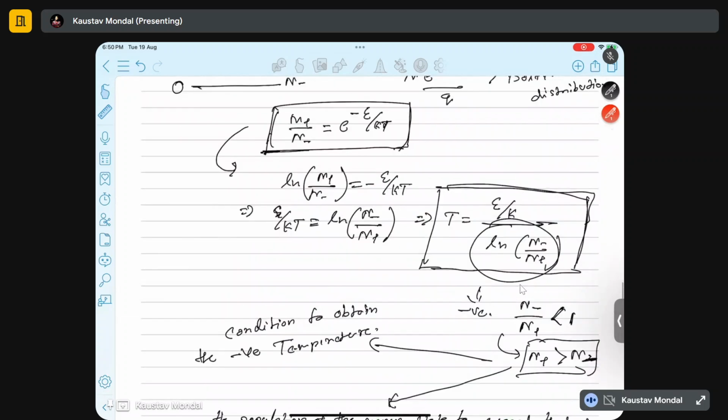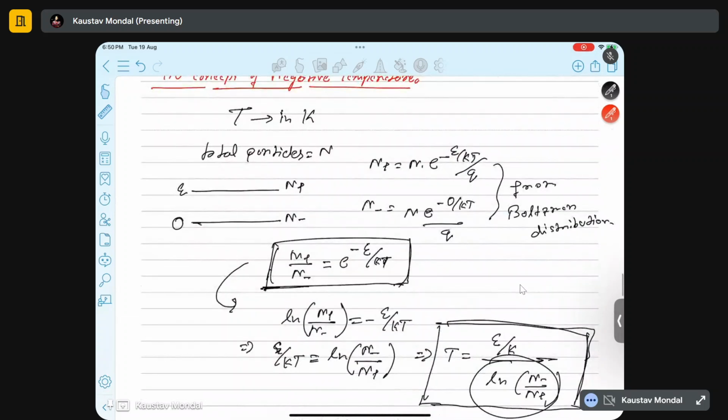Before discussing the problem, let me just tell you once again what we have learned. We started with the concept of negative temperature. First, we took a two-level system with energies E and 0. How can we theoretically achieve negative temperature? We put n plus particles in state E and n minus particles in state 0.